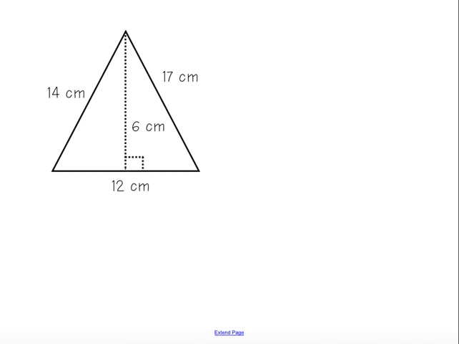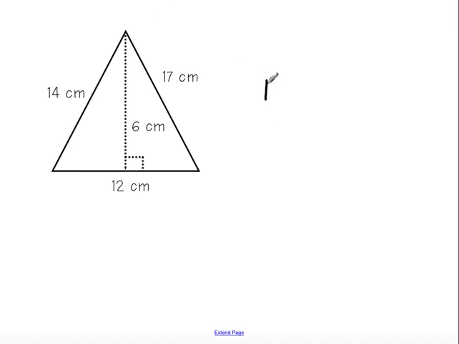So our example here, we have a triangle with the side lengths 14, 17, and 12 and a height of 6. Our base is what we're talking about right here, since it's running perpendicular to our height.